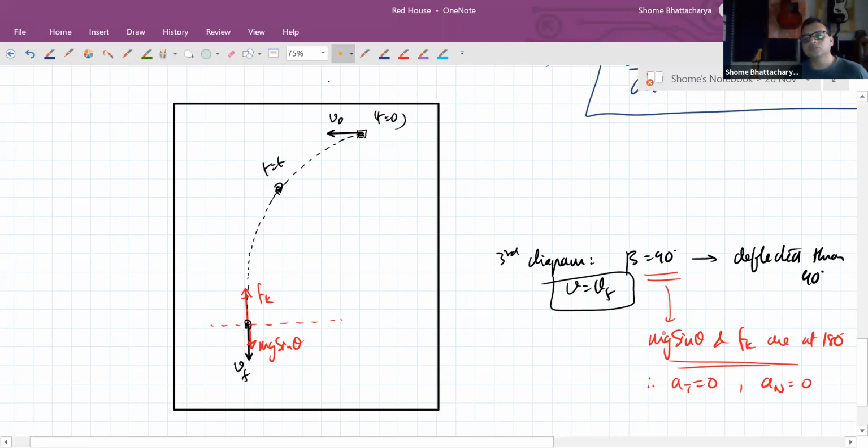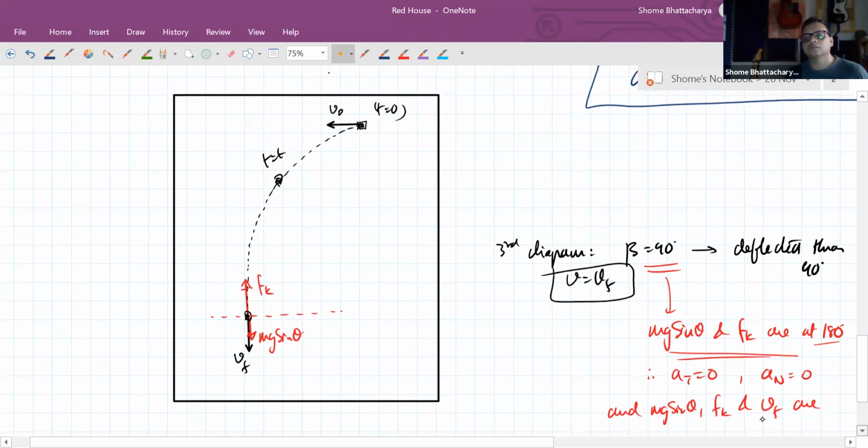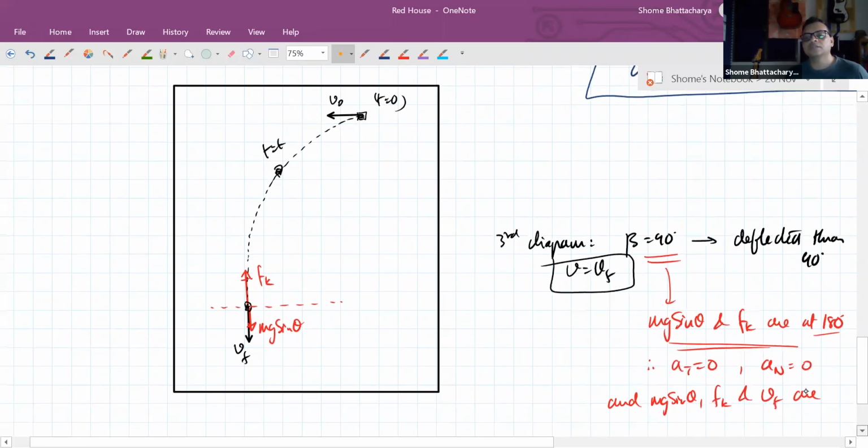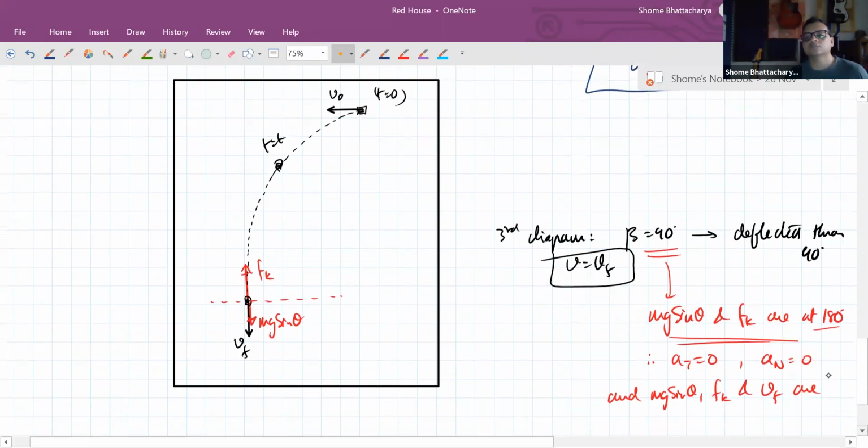Not only are they at 180 degrees, but mg sin theta, kinetic friction, and the final velocity are collinear. That is why the normal acceleration becomes zero, and because these two are at 180 degrees to each other, the tangential acceleration becomes zero.